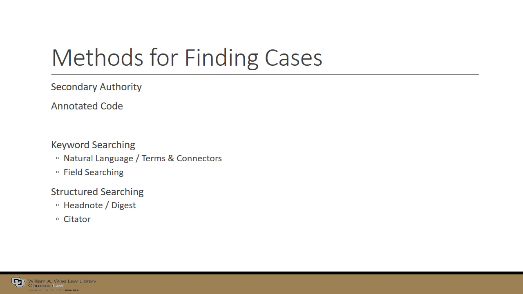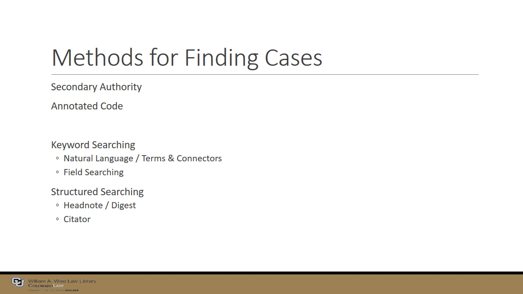Methods for finding cases. Well, we've already looked at two of the methods for finding cases. That is, we can find cases from secondary authority and we can find cases from an annotated code. There are two additional methods, though, for finding cases. These would include keyword searching and structured searching.